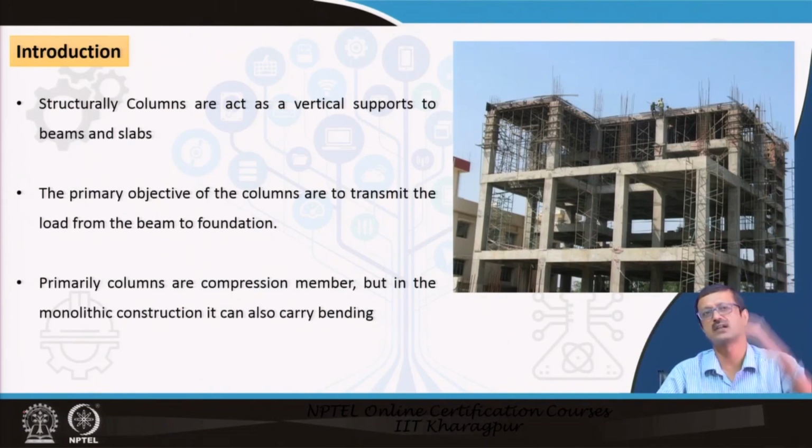It is not going to be a tension member, but yes, depending upon the location of the column and the associated load between the two sides or the adjacent side, or maybe there is a third side, the column also experiences some bending.